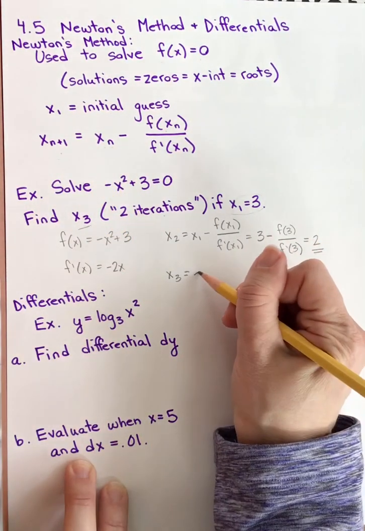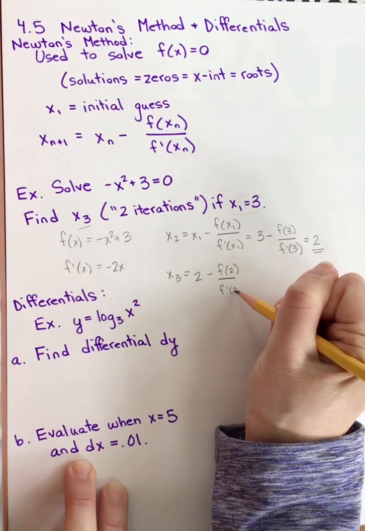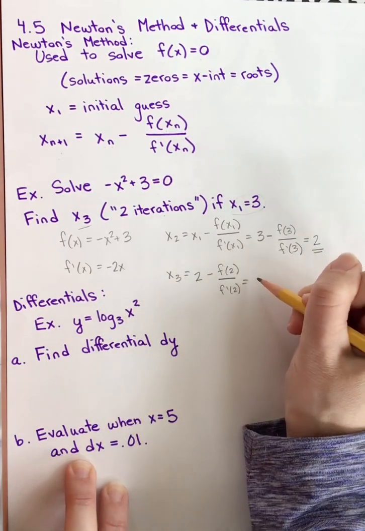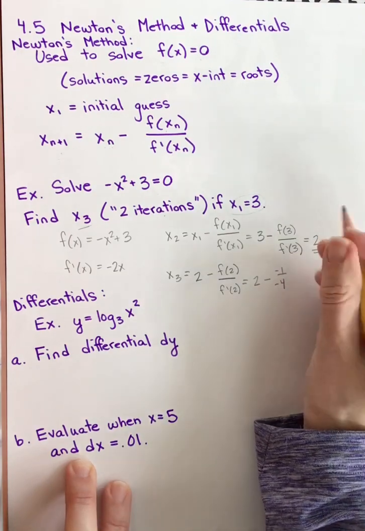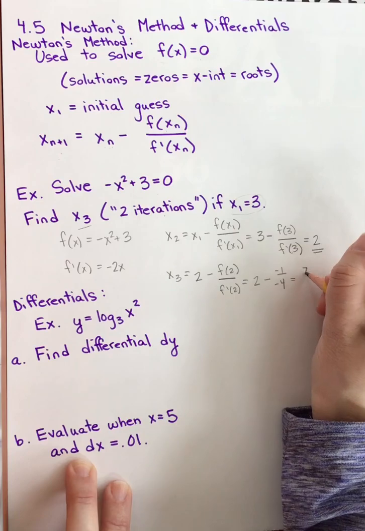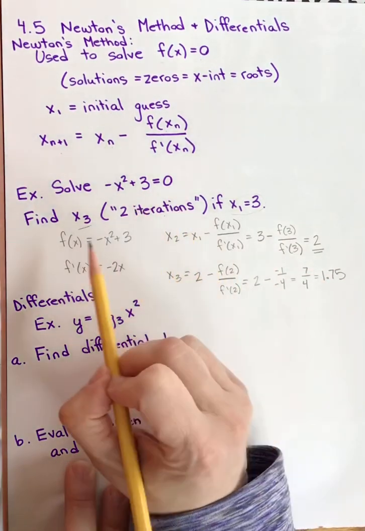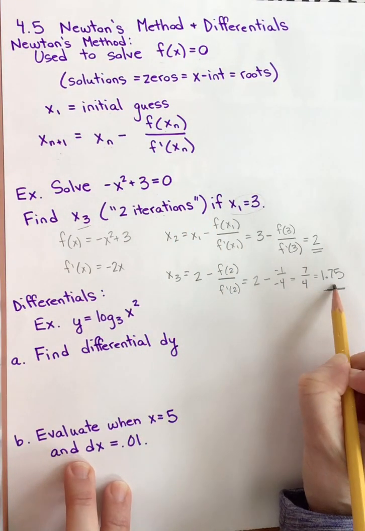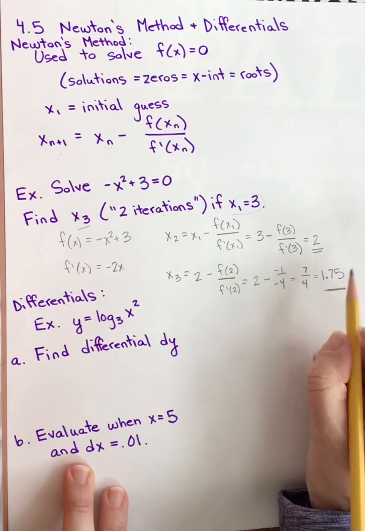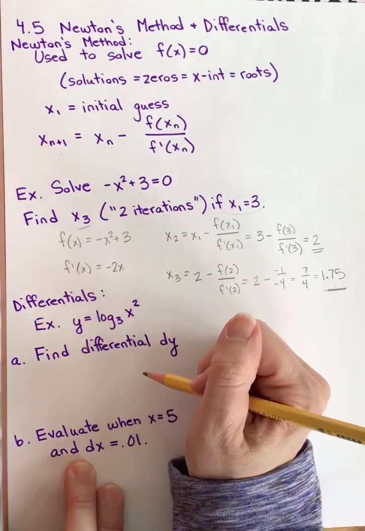So now I have 2 minus f of 2 divided by the derivative of 2, which ends up being 2 minus negative 1 over negative 4. Be careful with the positives and the negatives, which turns out to be 7/4. Just for kicks and giggles, I like to think through what this actually means. In just 2 short rounds, I have approximated one of the solutions to this equation.